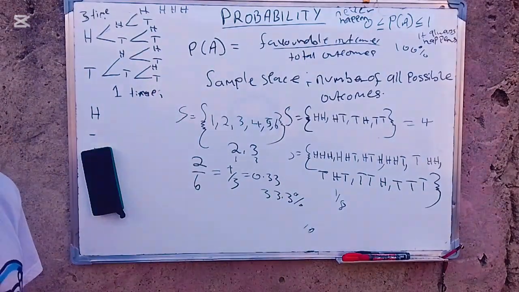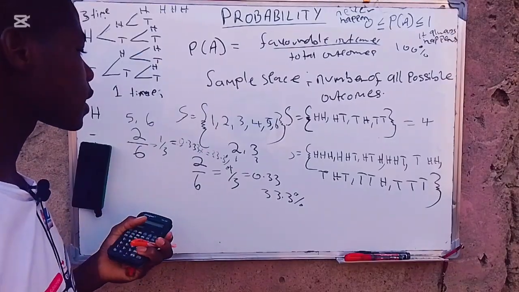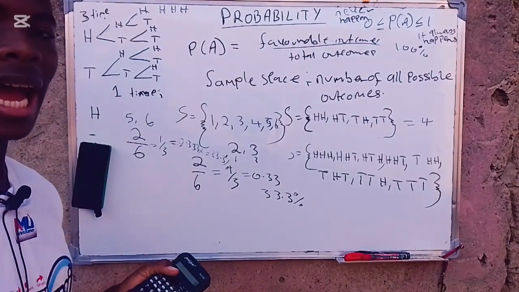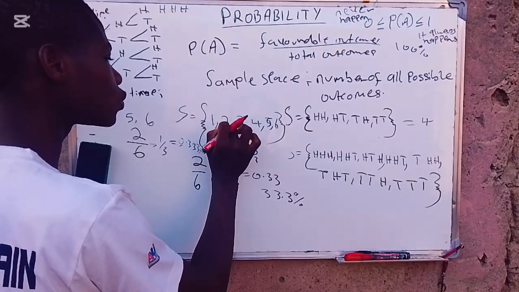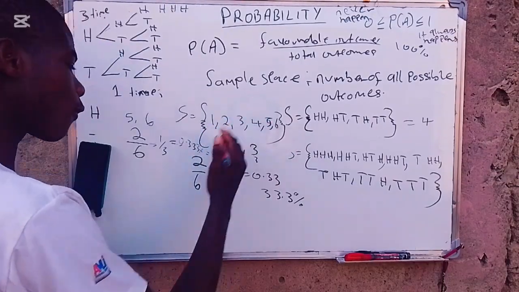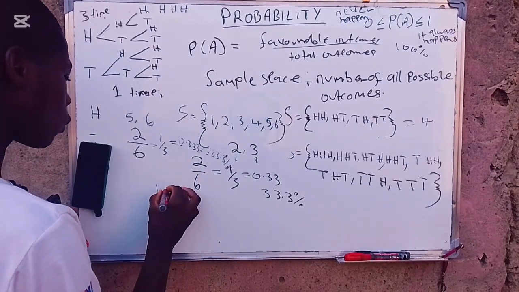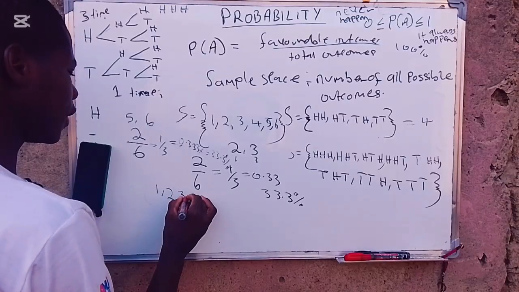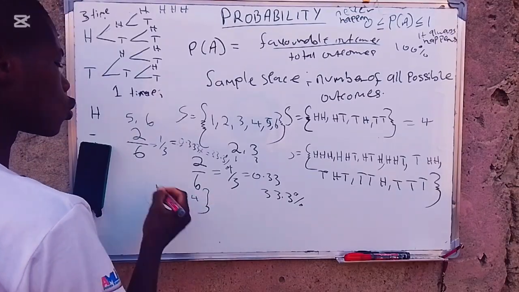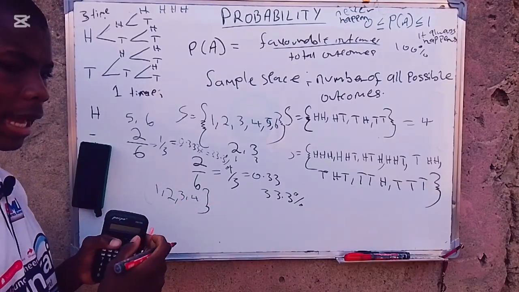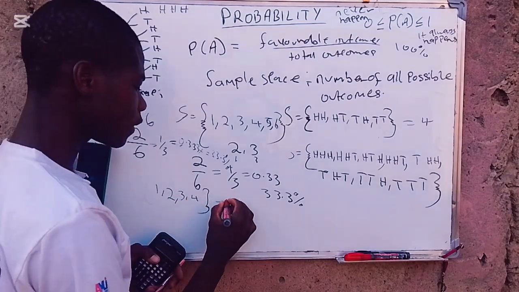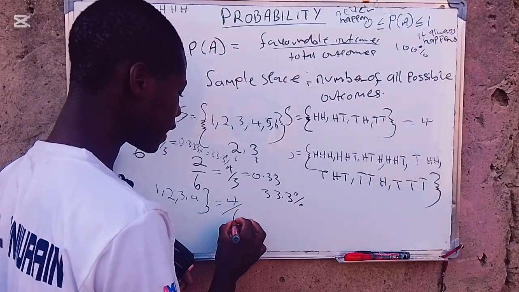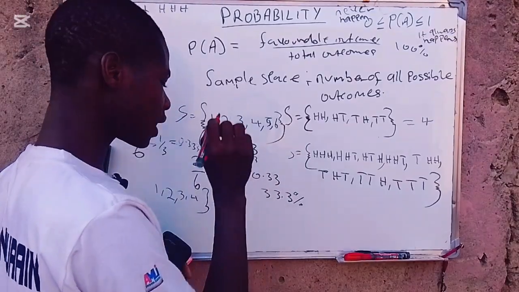So let's say the question says, what is the probability of getting at most 4? At most 4 we have 1, 2, 3, and 4. So you are not going to add them, but you will count them. 1, 2, 3, 4. It is 4. So this should now be 4 divided by 6, the total outcome.